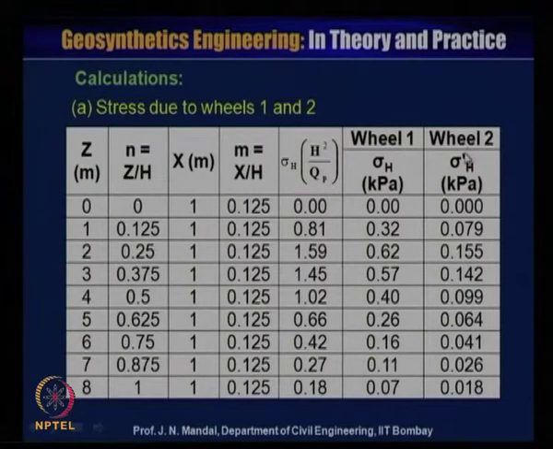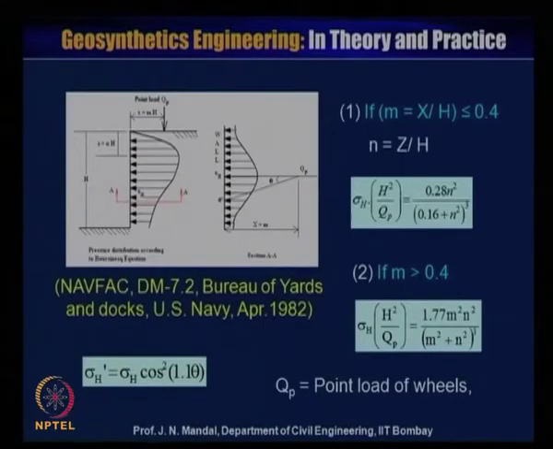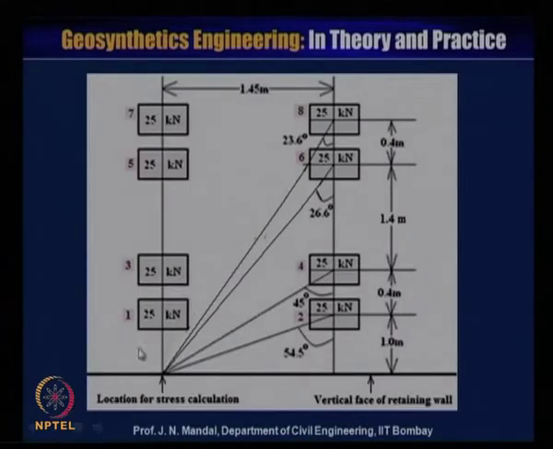Now calculate for wheel load 2. You can see this is wheel load 2, acting at an angle of 54.5 degree. Here also qp is 25 kilonewton, and it is also located at 1 meter.